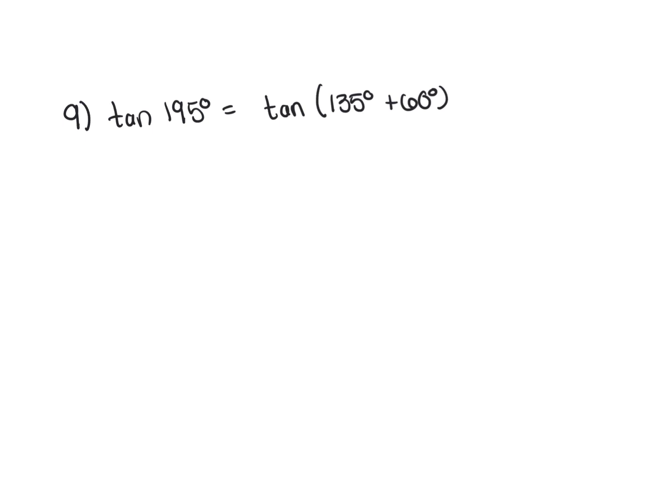It's totally doable, just not fun. So this thing is tangent of alpha plus beta, and that equals tan alpha plus tan beta over 1 minus tan alpha tan beta.